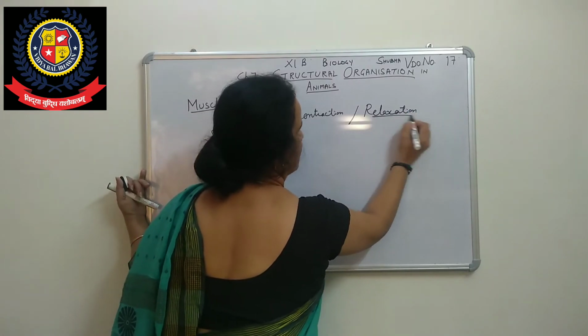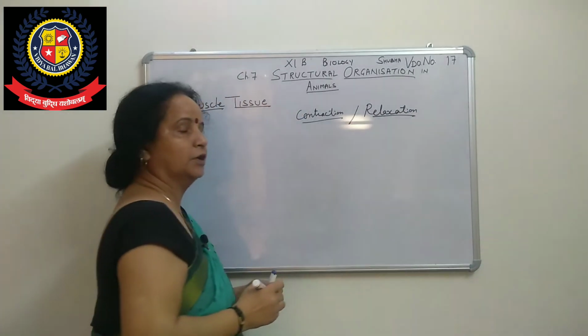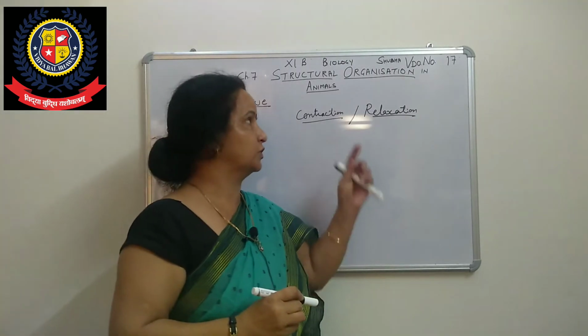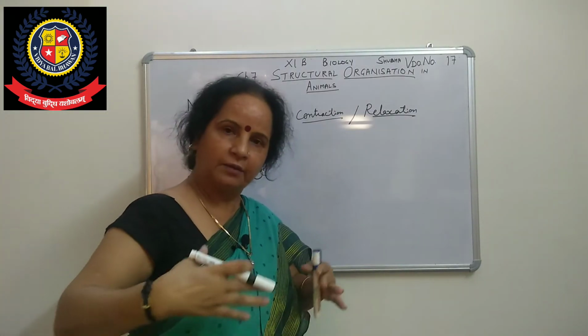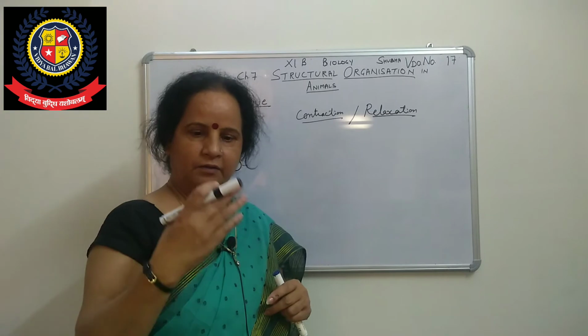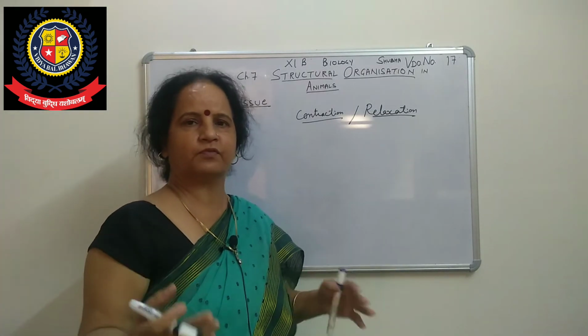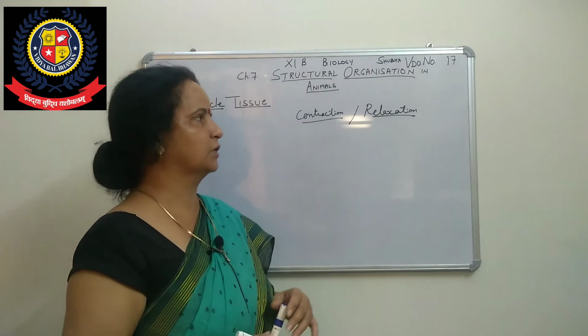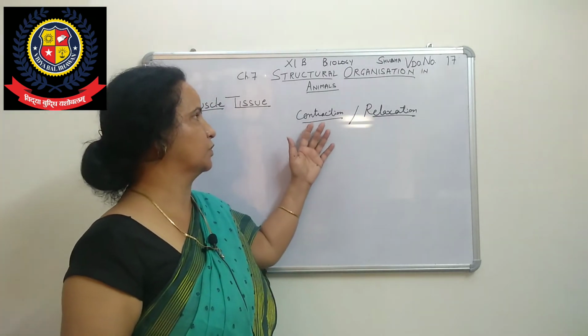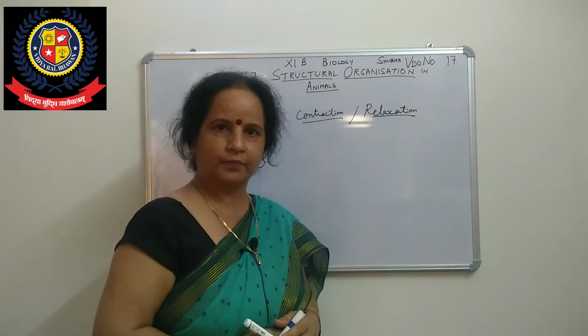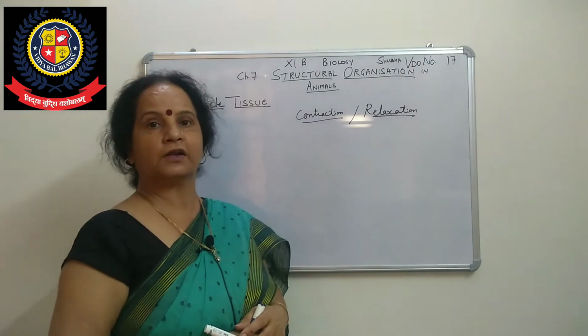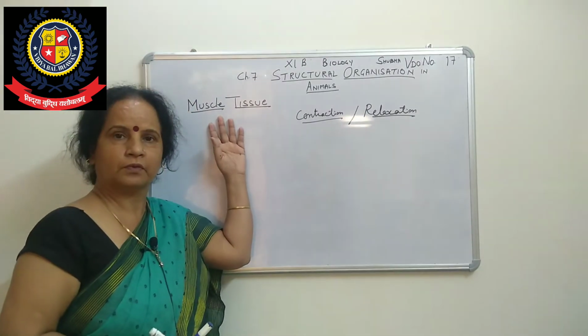And because of these two, contraction and relaxation, we are moving, shaking our hands, raising our hands. Whatever movements are shown by a human body or an animal body are because of contraction and relaxation, and that occurs in muscle tissue.